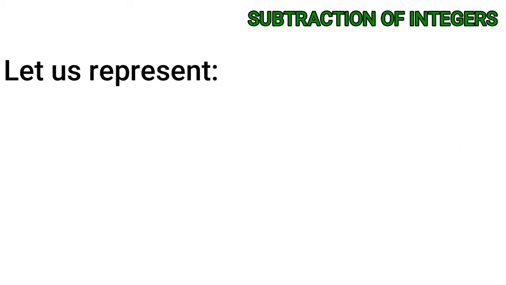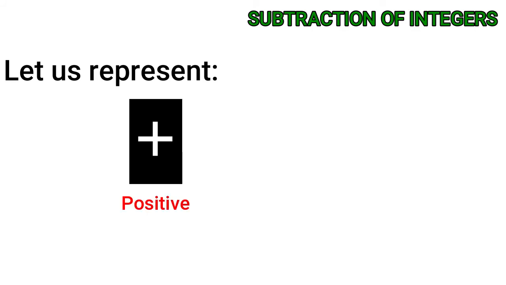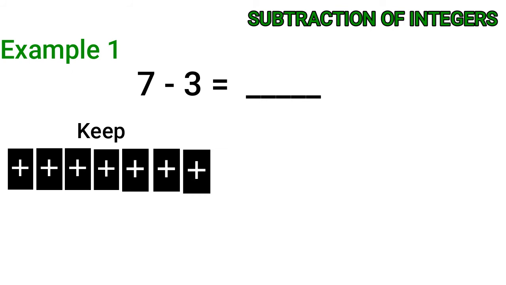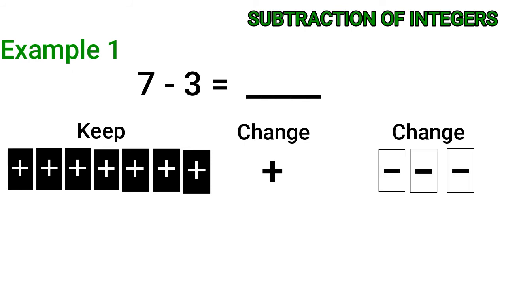Let us represent again the black tiles as positive and white tiles as negative. Let's have the following examples. Example 1. 7 minus 3. Using the tiles, keep the 7 positive tiles, change the minus to plus, and change the sign of 3.